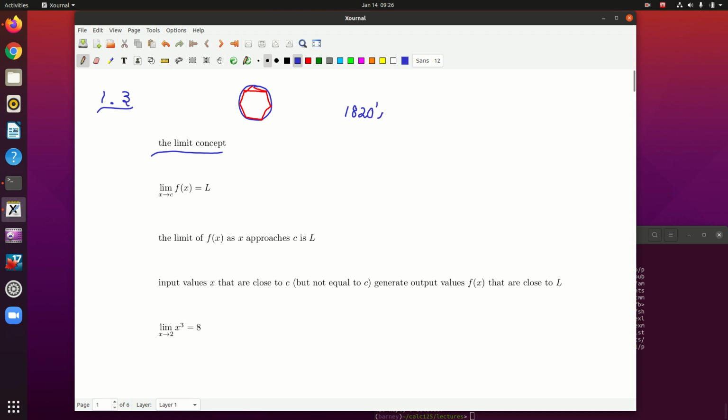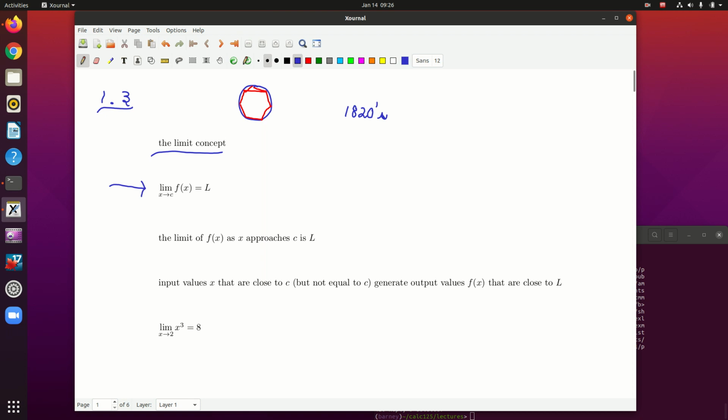And so it's a concept that can be grasped intuitively. To work with it in terms of a mathematical definition took much more time. We're not going to get that deep into it, but we certainly want to have a good intuitive understanding of the limit concept. So here's the notation that's used.